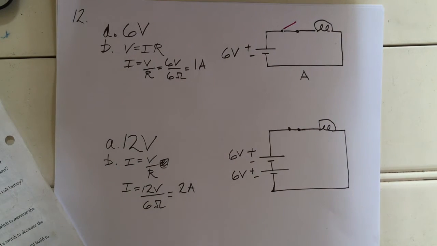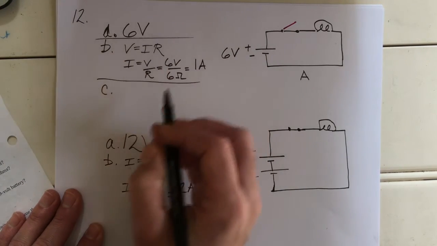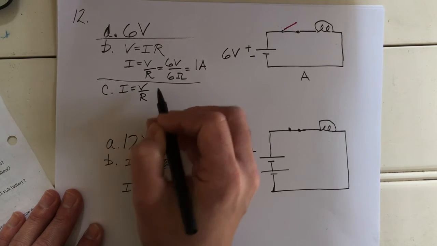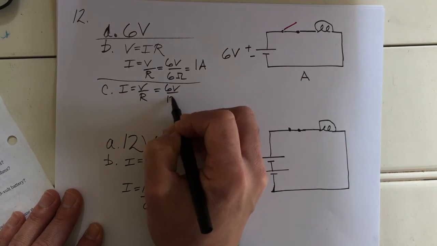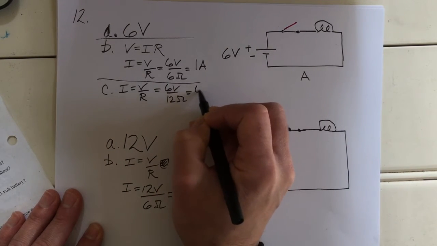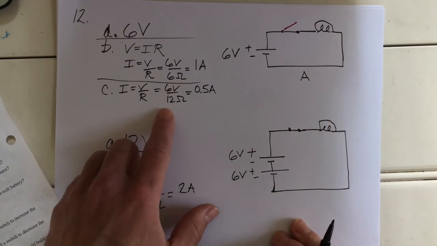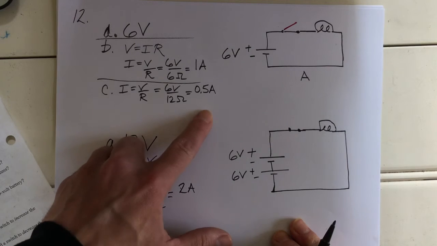All right, part C says, what if it was a 12 ohm bulb? Then part C is fairly simple. Up here we could say I equals V over R again, which is 6 volts over 12 ohms, which is 0.5 amps. So by doubling the resistance, we halved the current.